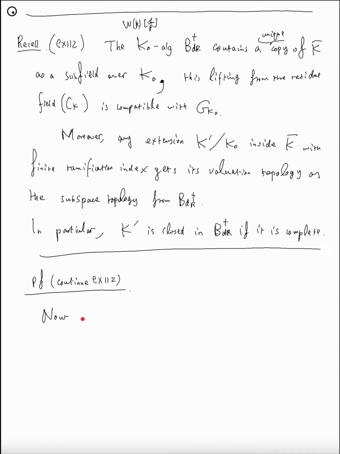So now pick an algebraic extension K prime over K0 with finite ramification index.